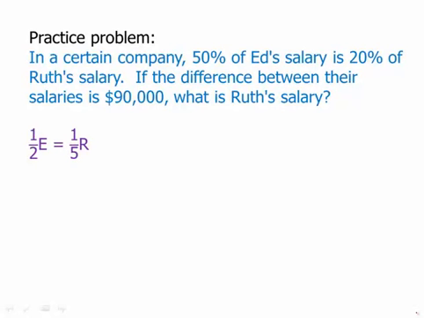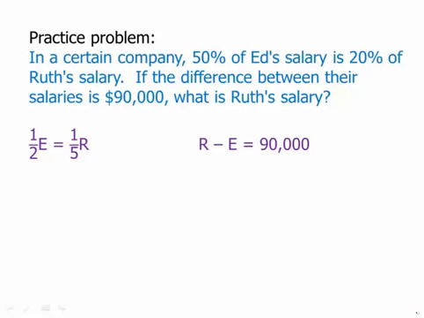So half of Ed is 1/5 of Ruth. So notice, incidentally, what this means is that Ruth must have a much larger salary, because we can take only 1/5, a small part of her salary, and it equals half of Ed's salary. So Ruth is the bigger one. Ruth minus Ed is 90,000.